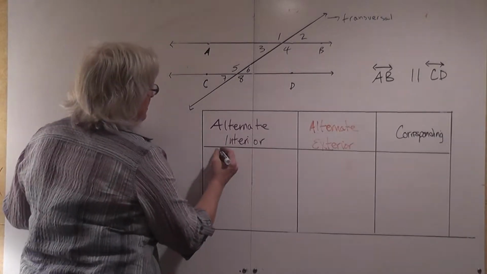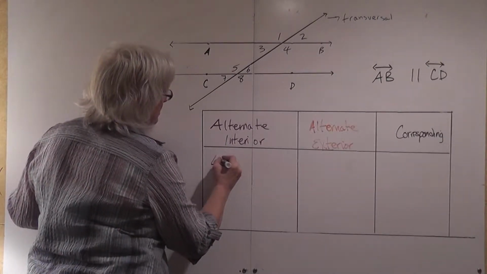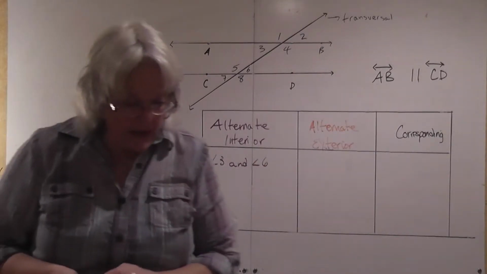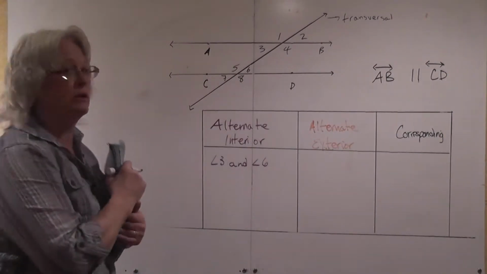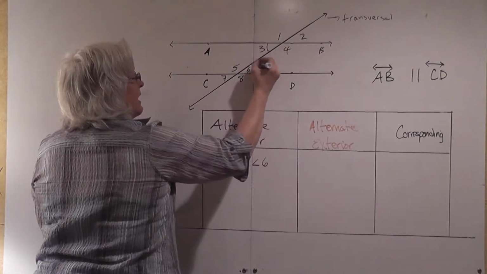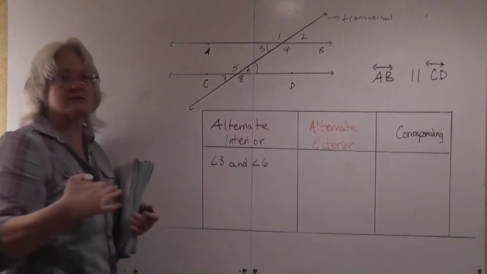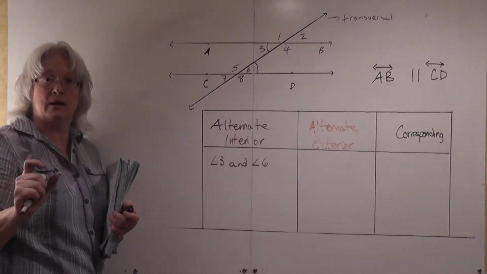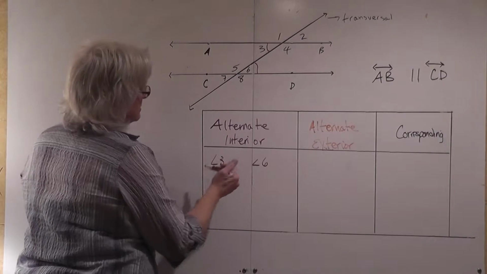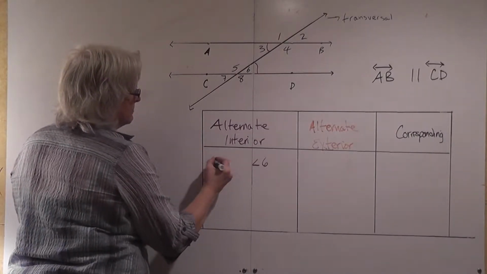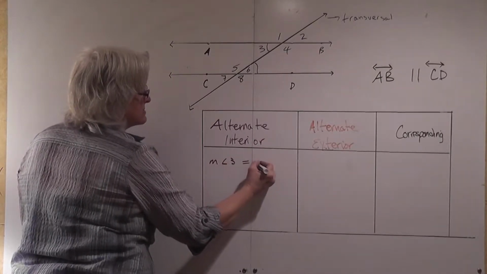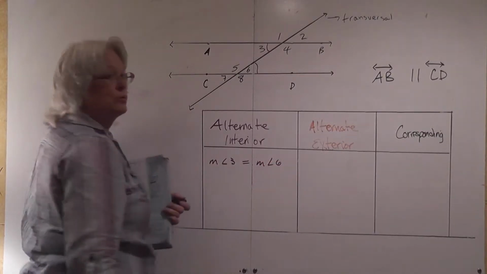These are angle 3 and angle 6, a pair of alternate interior angles. Alternate means that it's on the opposite side of the line, angle 3 and angle 6. And they are the same. The measure of those angles is the same. So the measure of angle 3 is the same as the measure of angle 6.